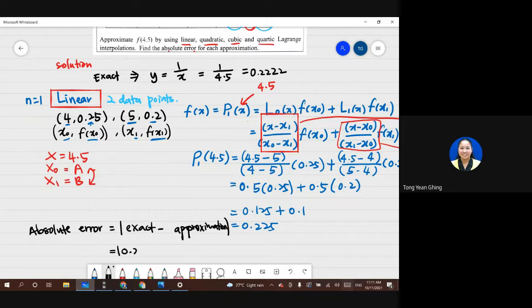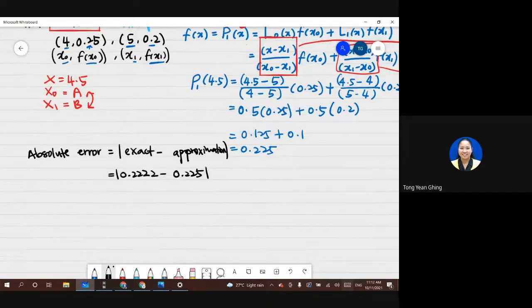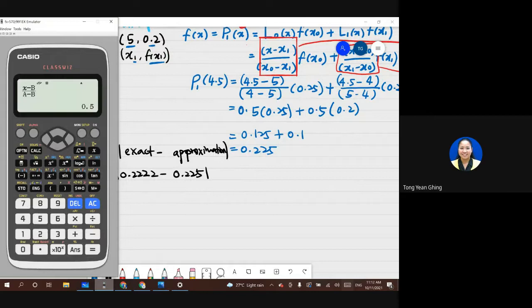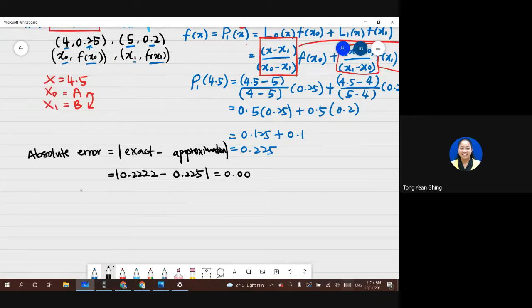So exact is 0.2222 minus 0.225, which is 0.00028. Okay, it should be 28.